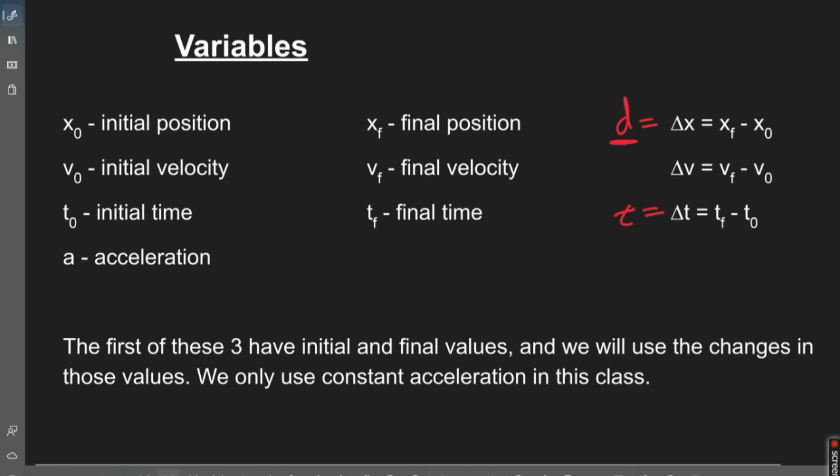That means naught, like if I say x naught, that means x n-a-u-t. Oh, sorry, that's the modern spelling. That means x at time of zero is why it's x sub-zero. Same thing with v. Same thing with t. So I'll say that as like v naught, x naught, whatever it is.